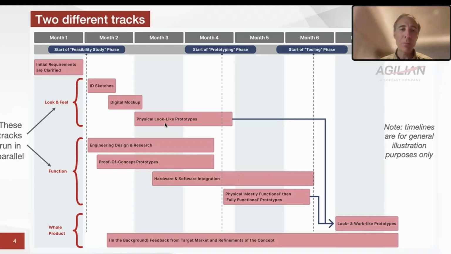For look and feel, you work with an industrial designer. They prepare mock-ups, digital mock-ups, sketches, and so on, plus color, material, and finish. They work on all these things about how it's supposed to look and feel.